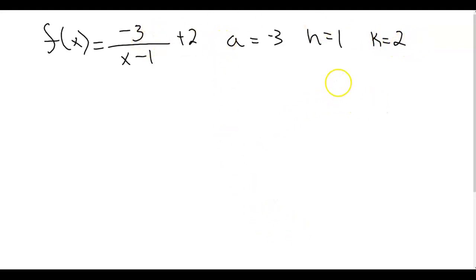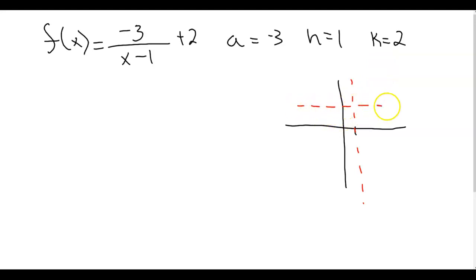So let's get a quick coordinate plane sketched in here. Okay, so if we are at 1 with our vertical asymptote, because h is equal to 1, so we shift it 1 to the right. And then our k is equal to 2, so this is about 2 here. So this is like our new axis.